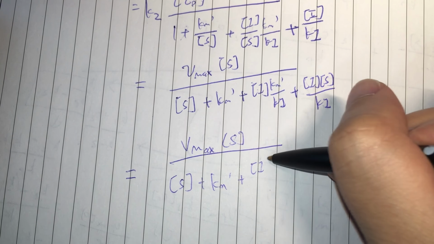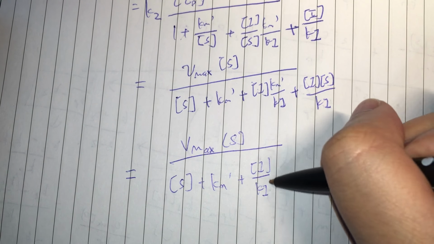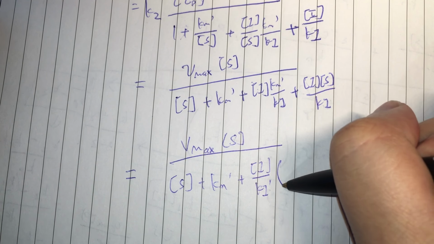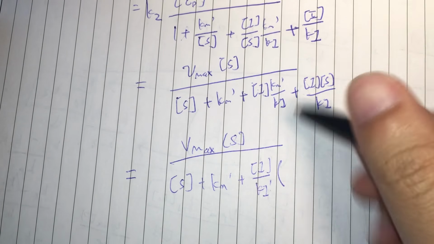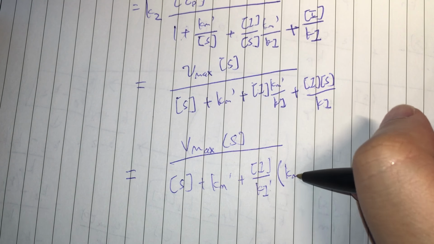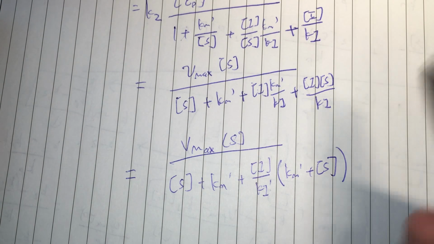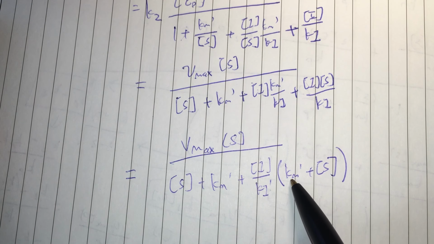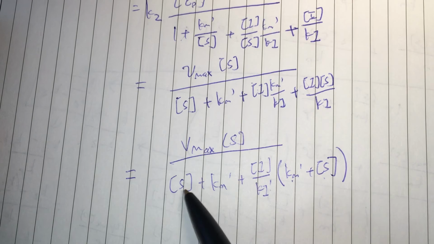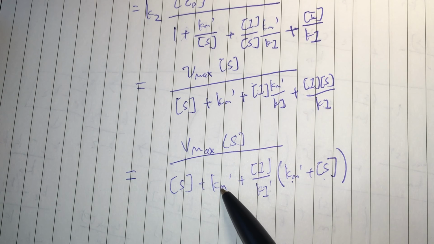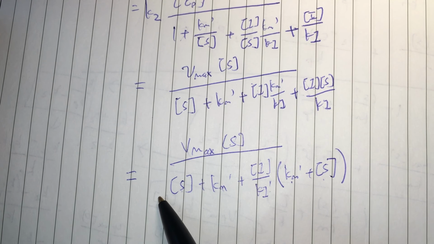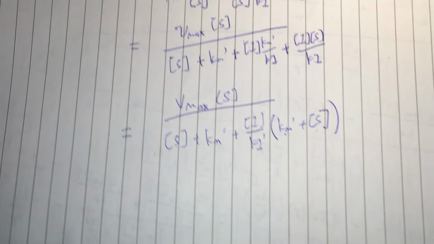So let's have I over Ki on the outside, and we have this bracket, a bracket Km prime plus S. And what do you know? It just so happens that Km prime and S, Km prime and S. So you can factorize a 1 out, which we are not going to do here.